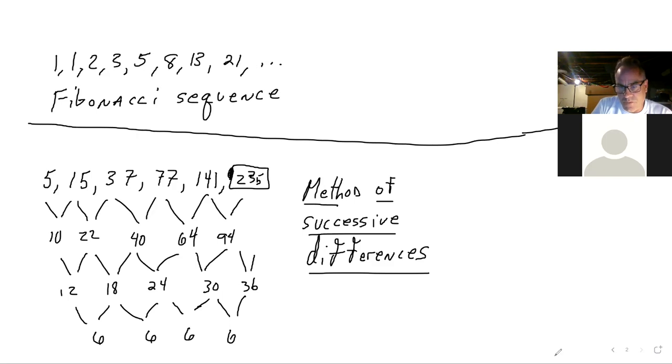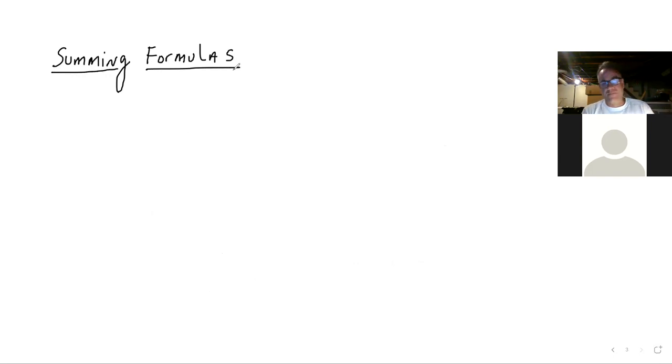All right, so I'm going to now talk about something kind of related to sequences. Talk about some summing formulas, one of which we have already looked at, albeit briefly.